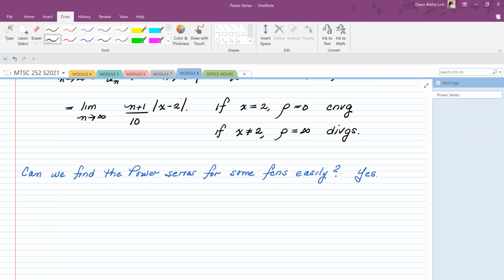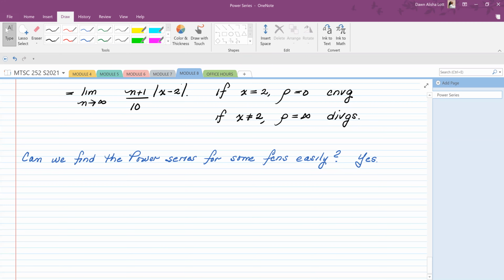So let's think. Let's take the function f of x equaling 1 over 1 minus x.